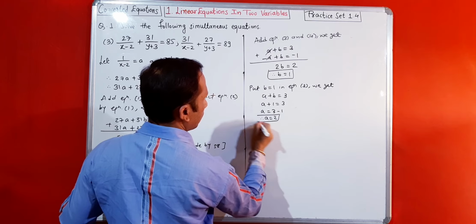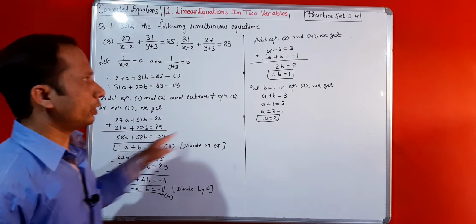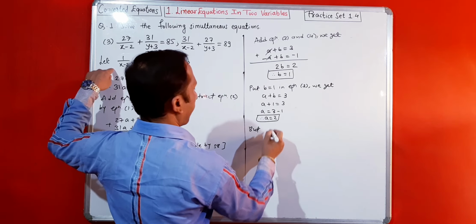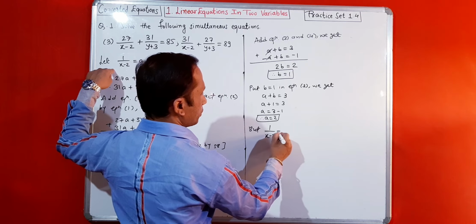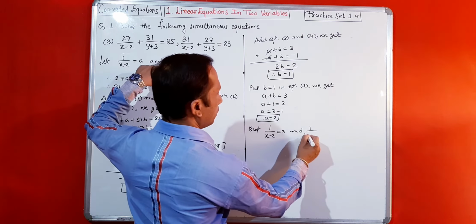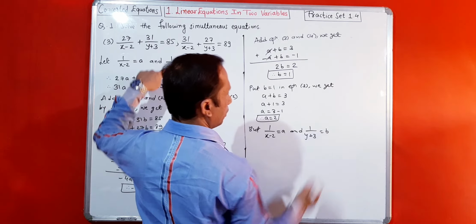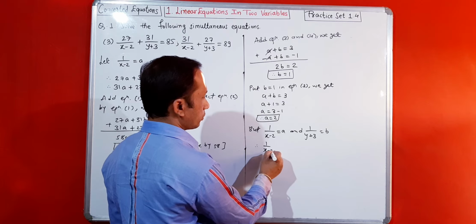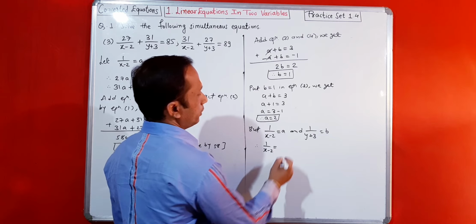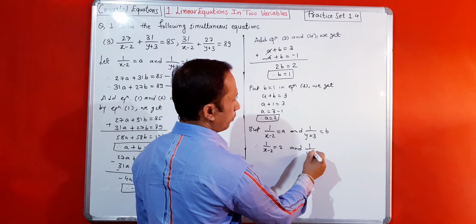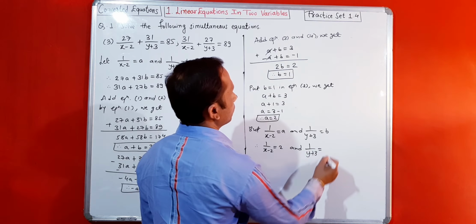We got these two values for a and b, but we know that 1 upon x minus 2 is equal to a and 1 upon y plus 3 is equal to b. So now 1 upon x minus 2 is equal to 2 and 1 upon y plus 3 is equal to 1.